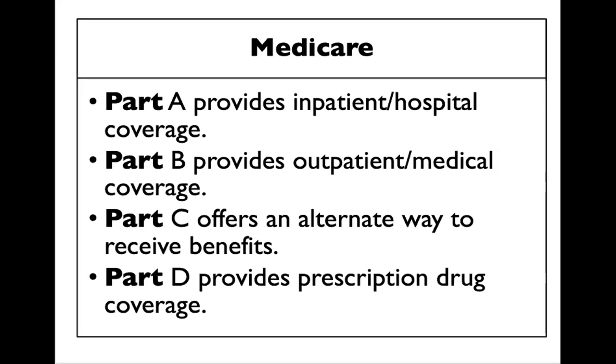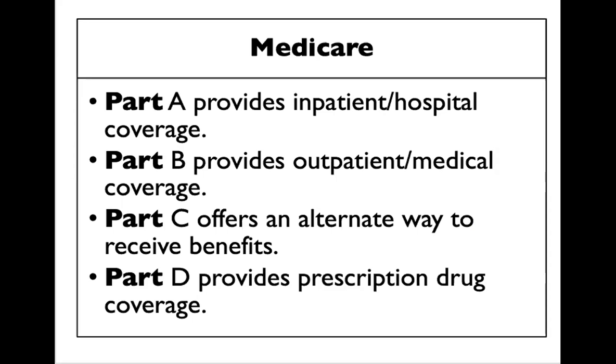They cover inpatient hospital visits, nursing facility visits, some home health care services, and some hospice services. And the way that they pay for these services, Medicare always has a little catch, is based on what is known as a benefit period. And Medicare has all kinds of rules about what they will and will not pay.